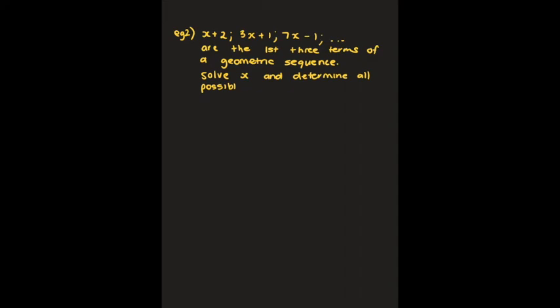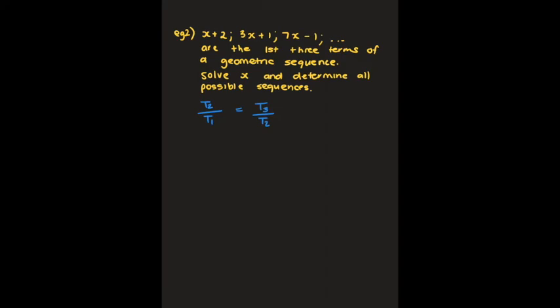Okay, so let's start off with our very useful handy trick. Term 2 over term 1 is equal to term 3 over term 2. If you're solving for an unknown variable, we ideally want to set up an equation so that we can solve for that variable.